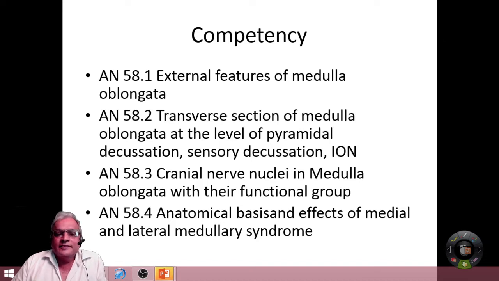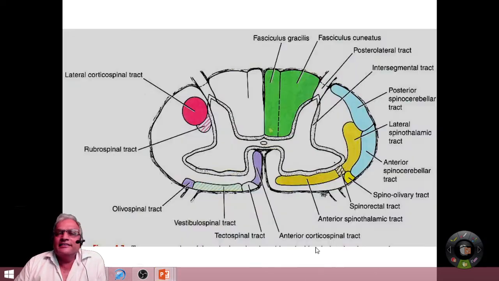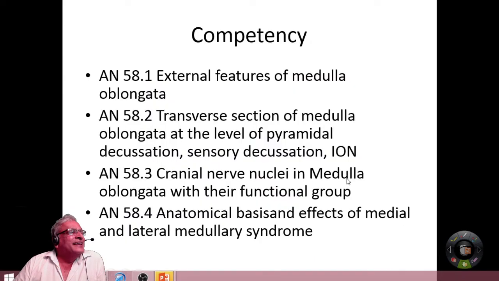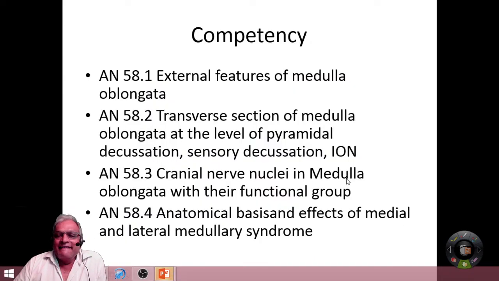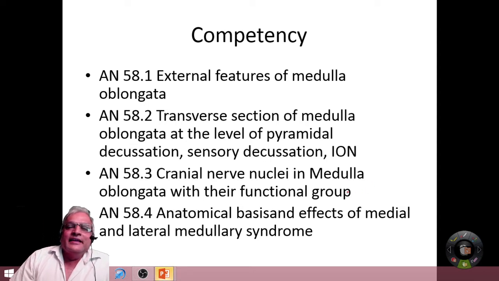Sir, now it was flipped, so now it's upside down. Wait, just a minute. Now it's correct. Now it's okay, sir. Shall we start? But on my screen it's the other way around. Fine.